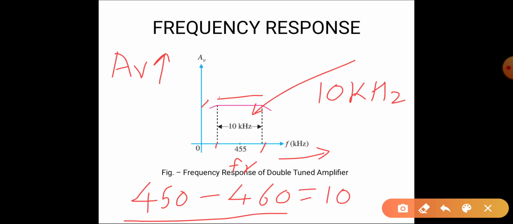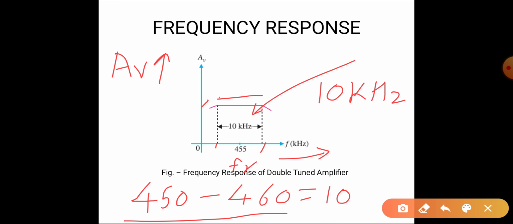Suppose you want a resonant frequency equal to 400 kilohertz, then your range of frequencies will be from 395 kilohertz to 405 kilohertz. Why? Because there is a bandwidth of 10 kilohertz. So this double tuned amplifier will amplify signals in the bandwidth of 10 kilohertz.